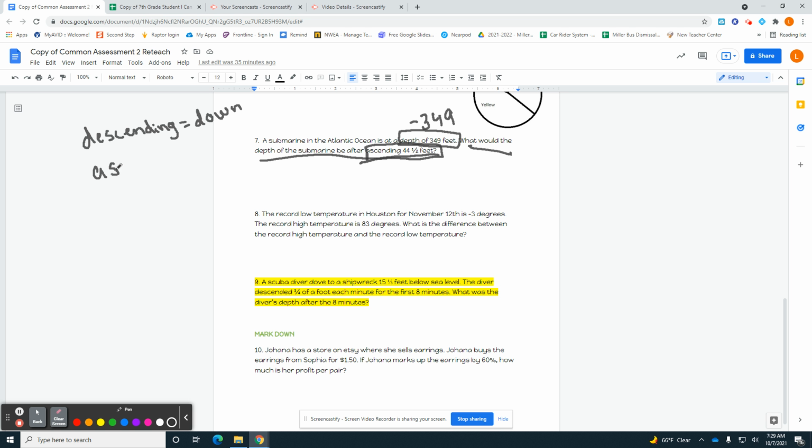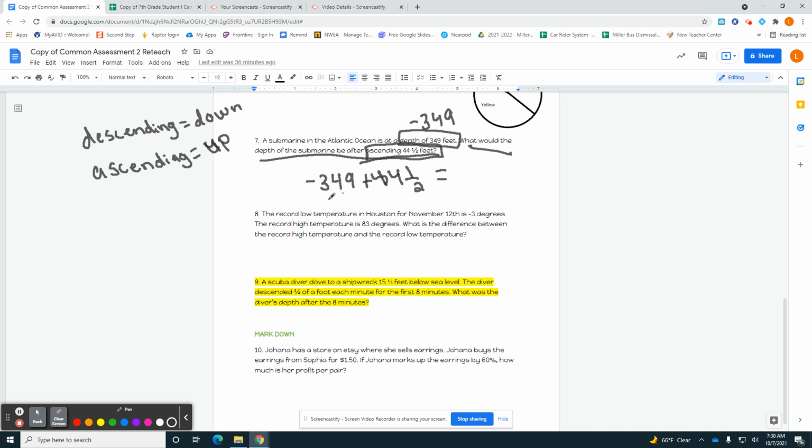Okay, ascending is the opposite of descending, so that's going to equal up. So if you're at a negative 349 feet and you're ascending 44.5 feet.